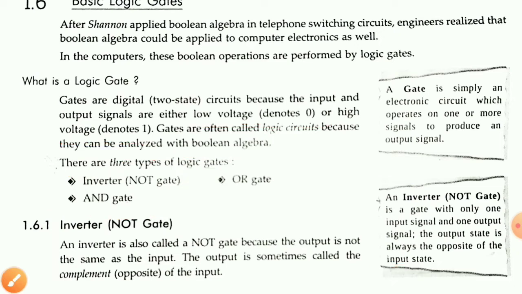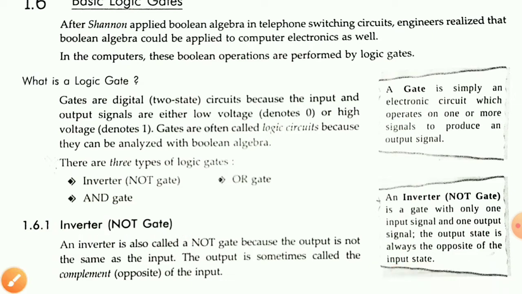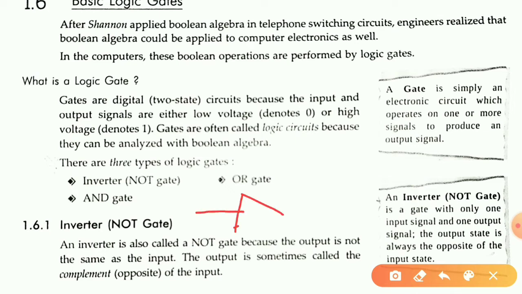The first gate we are going to study is the inverter gate, also known as the NOT gate. Clear? The NOT gate has only one input signal and one output signal. The diagram for this gate is drawn like this, with one input signal, and one small circle placed at the end. If the input is A, the output will be A bar.